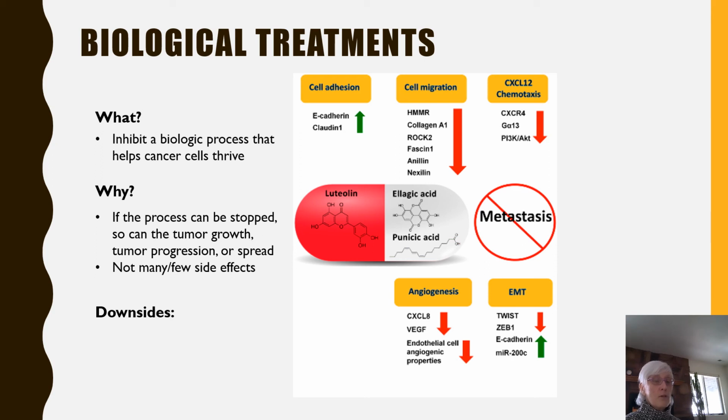However, it's true that we need to grow new blood vessels if we wound ourselves. So if we injure ourselves, we need to repair that tissue, and that repair necessitates the regeneration of blood vessels. So if we take a biologic treatment for cancer that inhibits angiogenesis, one of the downsides of that is going to be impaired wound healing.